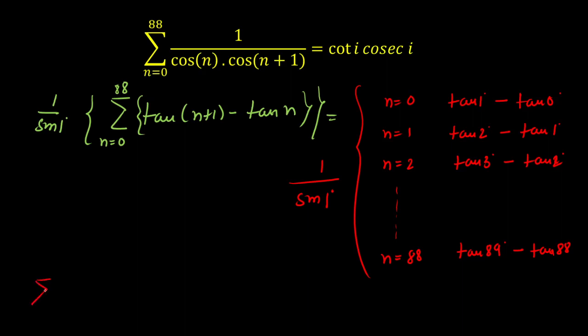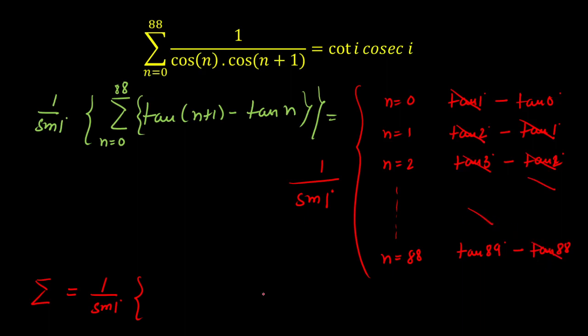Now if I add all these terms, I'll get the summation value. We have 1 upon sine 1 degree as it is. Plus tan of 1 and minus tan of 1 degree will cancel out. Plus tan of 2 and minus tan of 2 degree will cancel out. Plus tan of 3 and minus tan of 3 will cancel out, and so on, up to the last term.